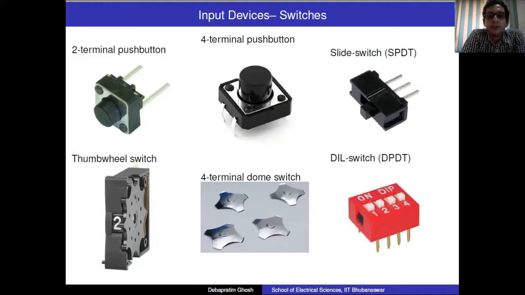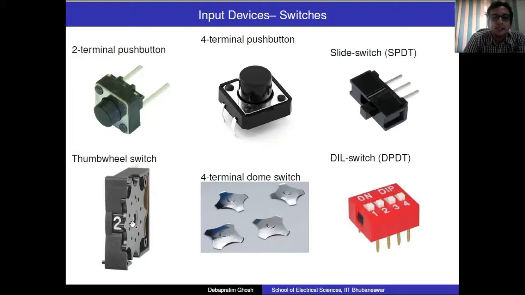Now I'm showing you some examples of commonly used input devices. The first three, what you can see, are through hole. The first two are push button switches. One is a 2-terminal switch, the second is a 4-terminal switch, and the third is a single pole double throw switch, which is also called a slider. This is through hole.